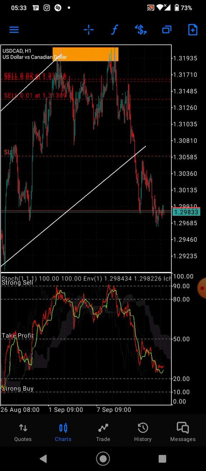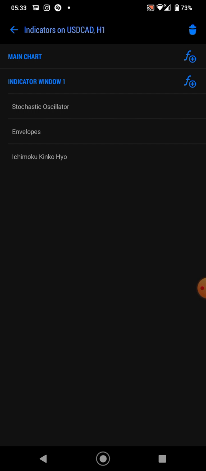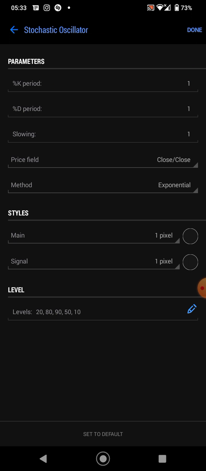Let's get into the settings first because I like studying the settings. You go on to the F icon right here, and on your indicator window one, you have to have a stochastic oscillator.